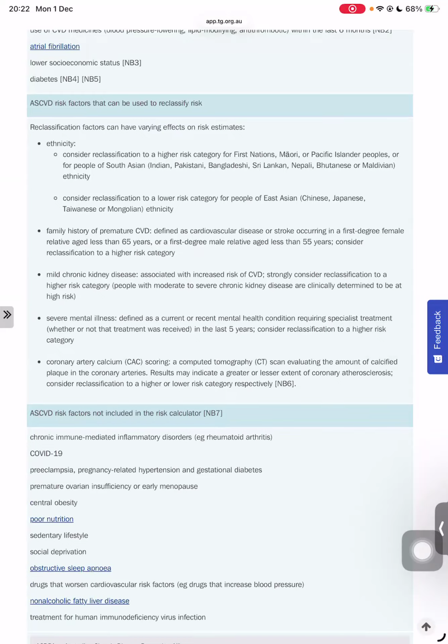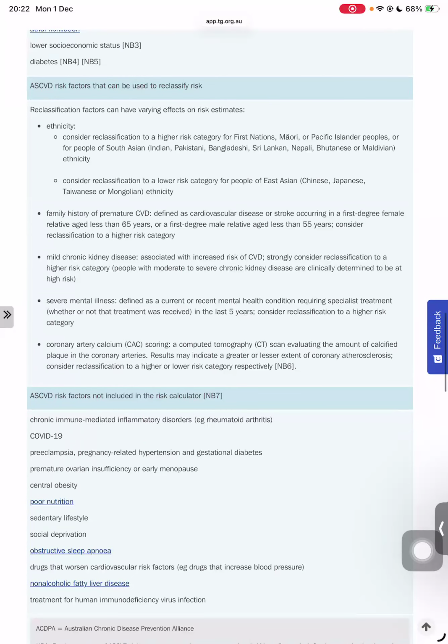Also Pacific Islander people, or people of South Asian ethnicity such as Indian, Pakistani, Bangladeshi, Sri Lankan, Nepalese, Bhutanese, Maldivian, are in the high risk category. Consider reclassification to a lower risk category for people of East Asian ethnicity, Chinese, Japanese, Taiwanese, or Mongolian.